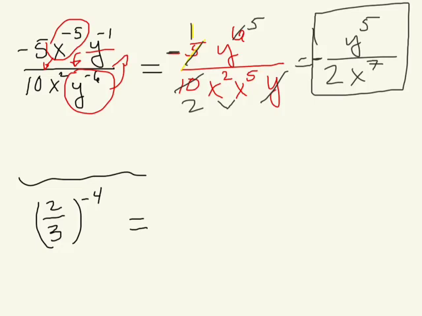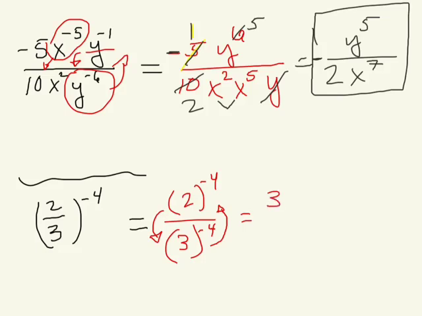Okay, so this one's a little bit different. If you look at 2/3, remember everything inside parentheses is going to go to the -4th. So you're going to have 2 to the -4th, and you're going to have 3 to the -4th. Okay, so this is going to come down and get a positive exponent. This is going to go up and get a positive exponent.